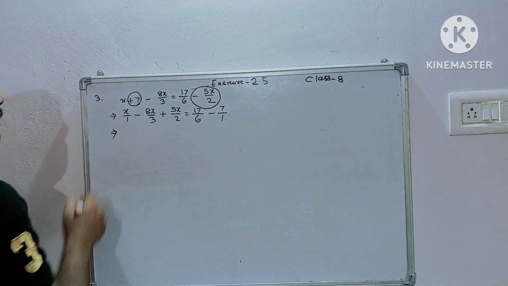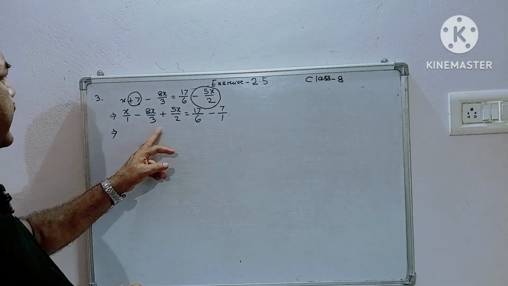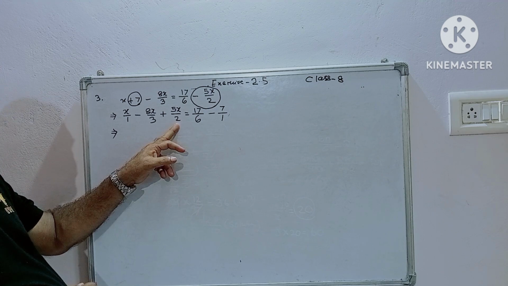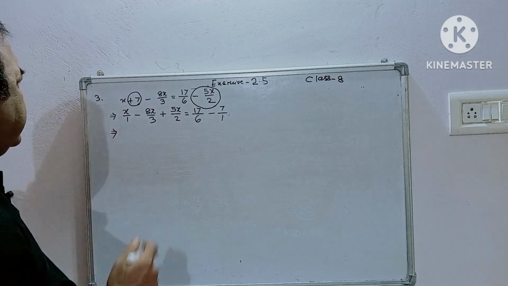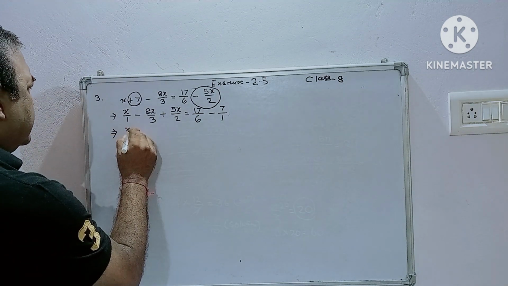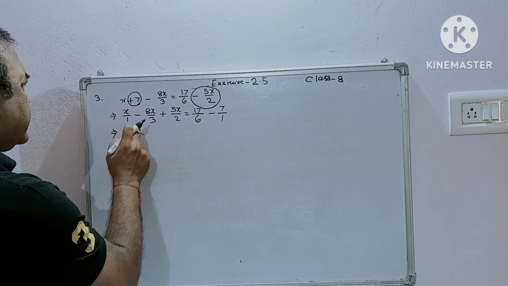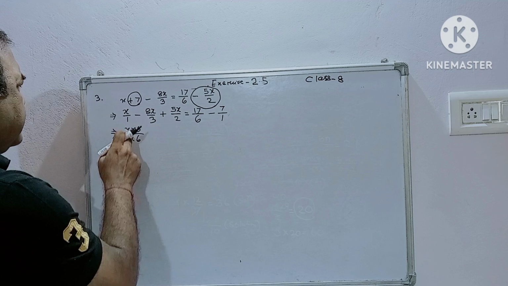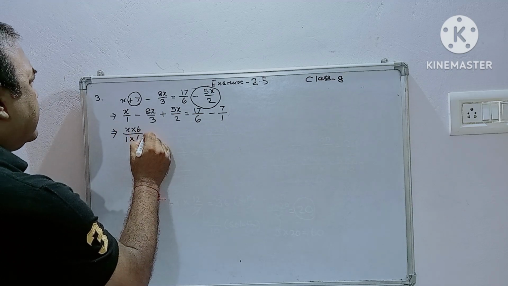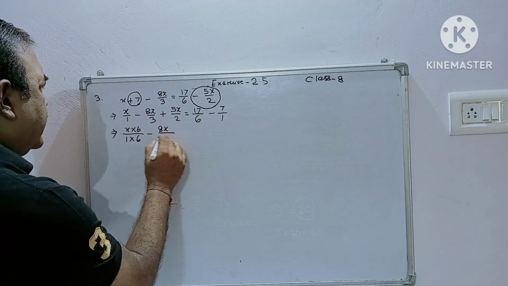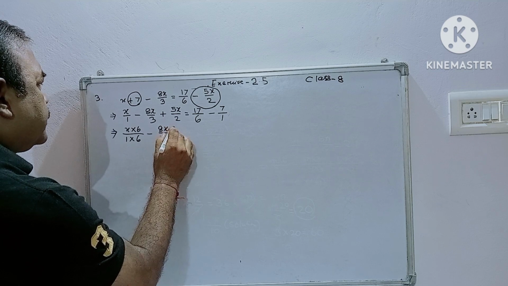So what will you do here? 1, 3 and 2, what is the LCM? LCM is 6. So we have to make the denominator 6. Here it is 1 into 6, so you multiply 6 to both the numerator and the denominator. Minus 8x upon 3, 3 will be 6, 3 into 2, 8x into 2.